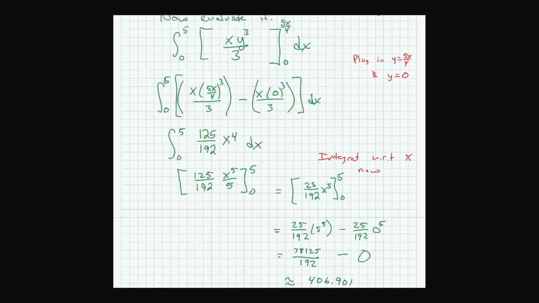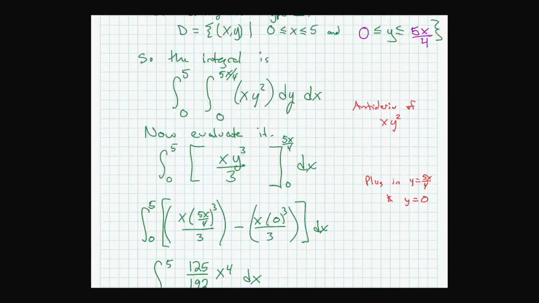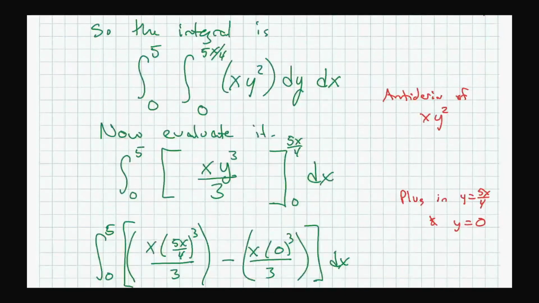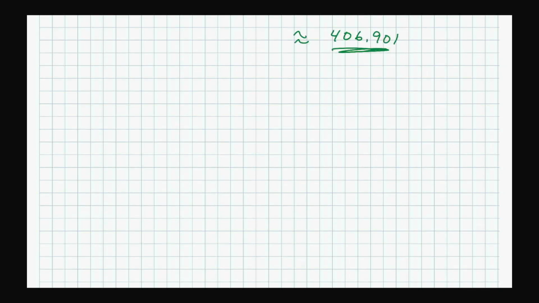Okay, so that was our first double integral over a general region. So we integrated over a triangle here, and it worked out. Now let's try one that they give us, and we will see how it goes. This is another triangle though, but at least the function is going to be different.